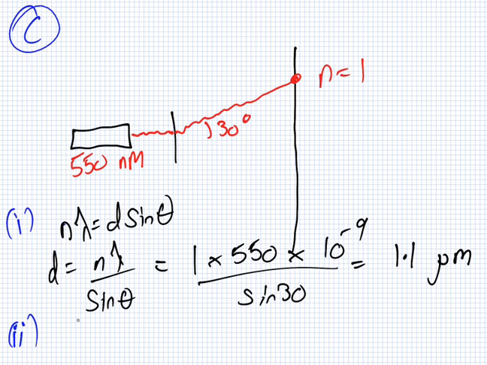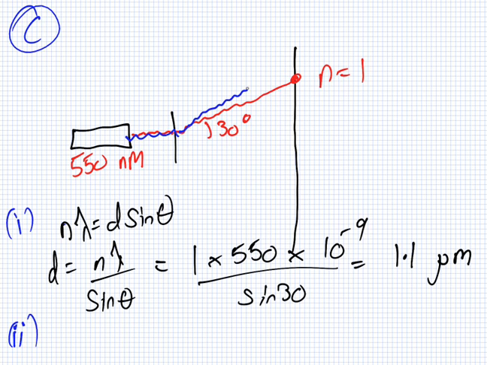Part 2 now is what is the angular separation of the first order red and violet rays after they've passed through the grating. So what they're saying is, now you come along with your purple light, and the purple light will make a bigger or smaller angle. Well, let's think now. The purple light has a bigger wavelength, and bigger wavelength means bigger angle.